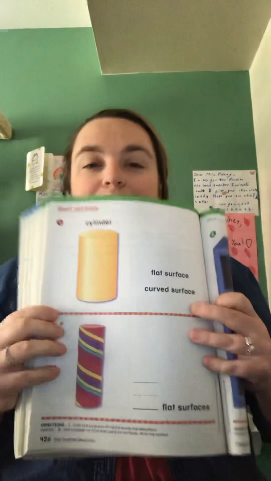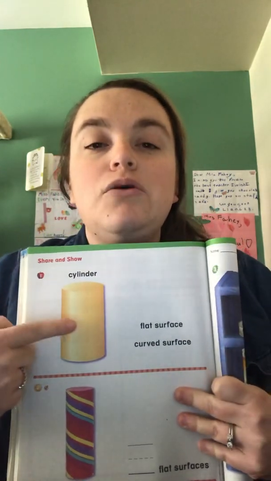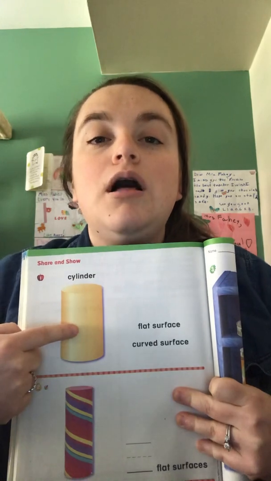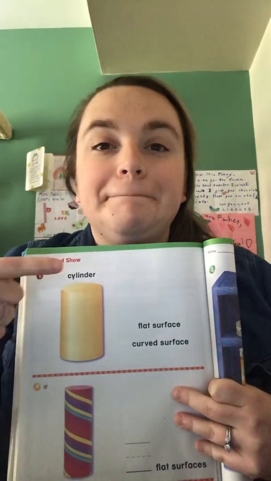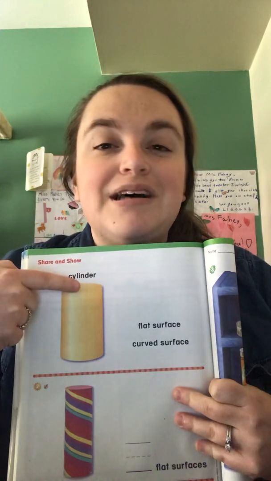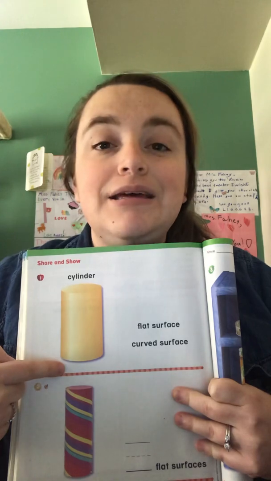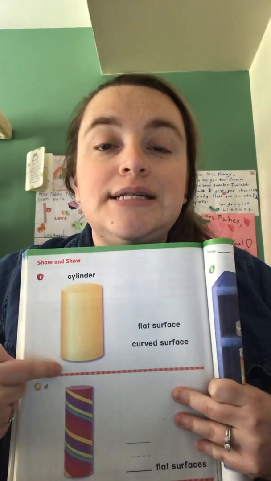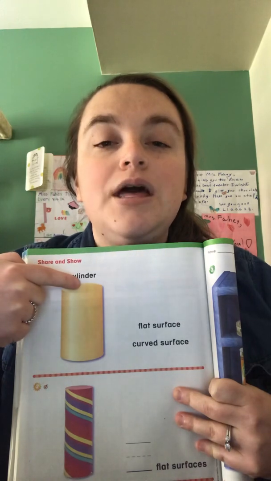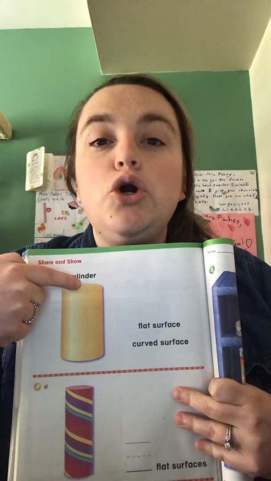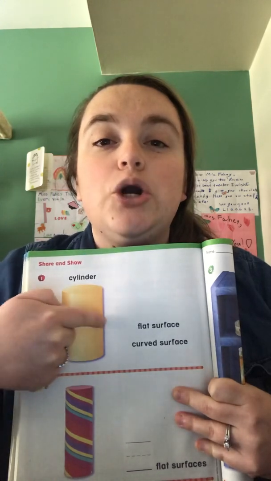On page 426, put your finger on the yellow cylinder. Put your finger on the flat surface that you can see. Right at the top. We know that there's a flat surface at the bottom, but we can't see it because the cylinder is standing up. So put your finger on the flat surface that we can see. Now put your finger on the curved surface, somewhere in the middle where it curves.